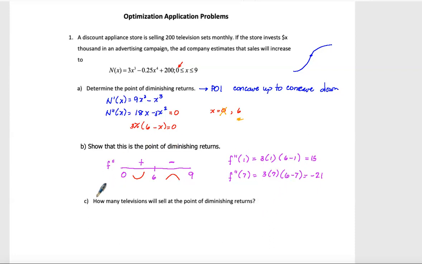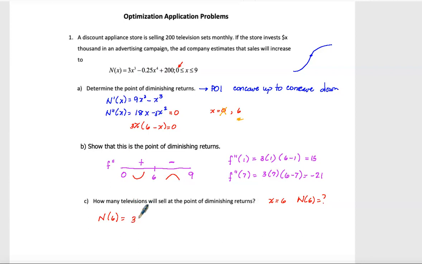Now, for letter C, it says how many televisions will sell at the point of diminishing returns? So meaning when x is equal to 6, what is n of x? So we have n of 6. How do we do this? We plug in 6 into our x in the n of x function.